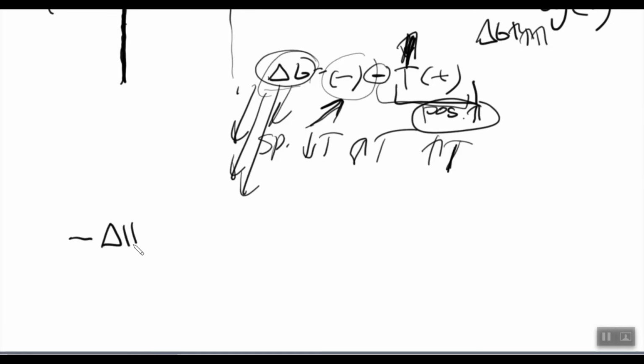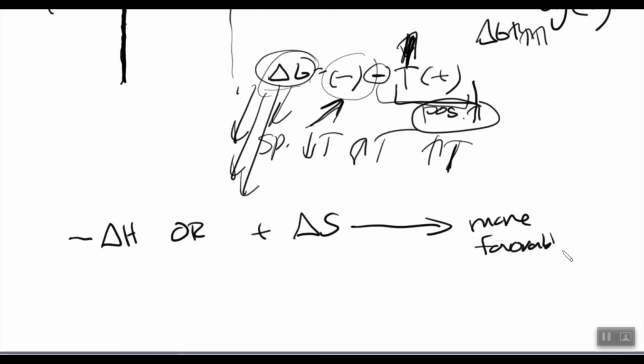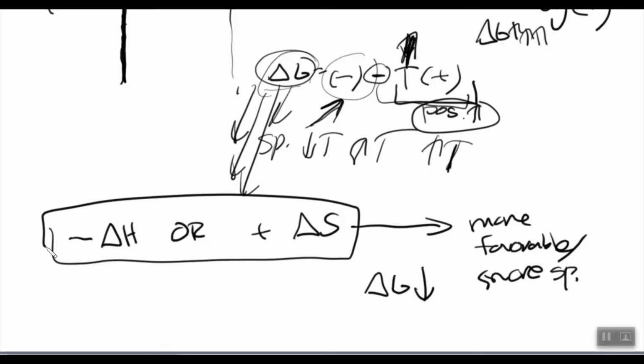A negative delta H or a positive delta S will make a reaction more favorable or more spontaneous. And that's because it makes the delta G more negative. And that's always the goal in this video, to make our delta G as negative as possible to make sure that our reaction is spontaneous. So these two conditions fulfill it.